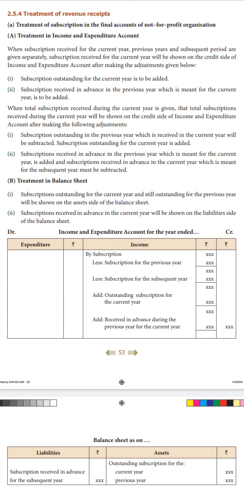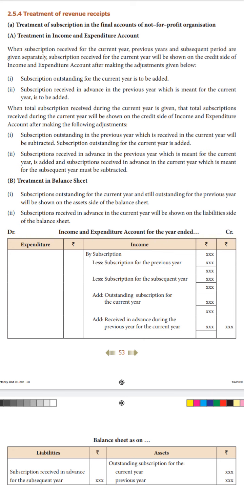There are four items. One is subscription outstanding for the current year. Another is subscription received in advance in the previous year but for the current year. You have received the amount in the previous year but it is supposed to be received in the current year. These two alone should be added: subscription outstanding for the current year and subscription received in advance for the current year.